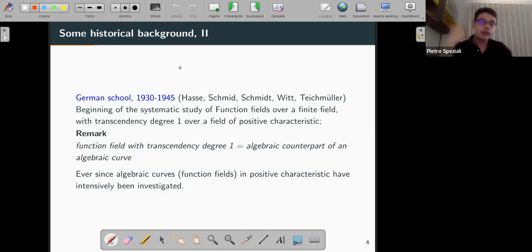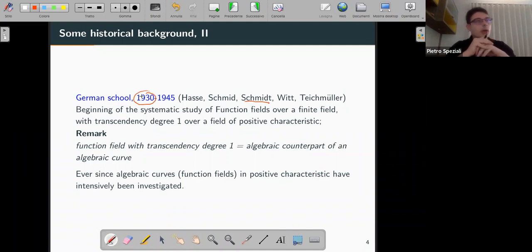The result that says that if you have a curve defined over an algebraically closed field of characteristic p and of genus greater than or equal to 2, its automorphism group is finite, is due to Schmidt, around 1930.